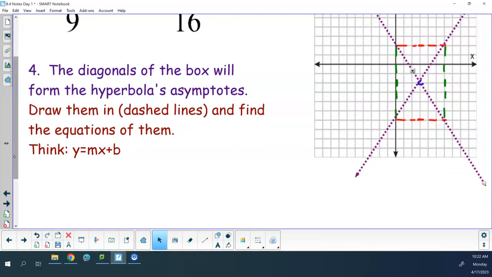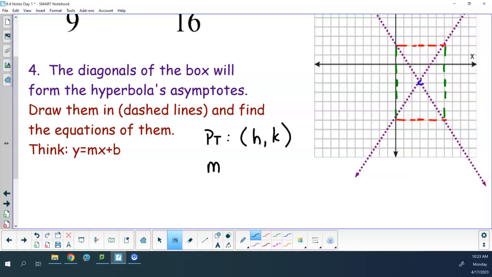The wonderful thing about this, and this happens for all of your hyperbolas, is the point that you're going to use is the center, h comma k, because if you'll notice, both of your asymptotes go through the center. So the point you'll use to find that is h comma k, the center.